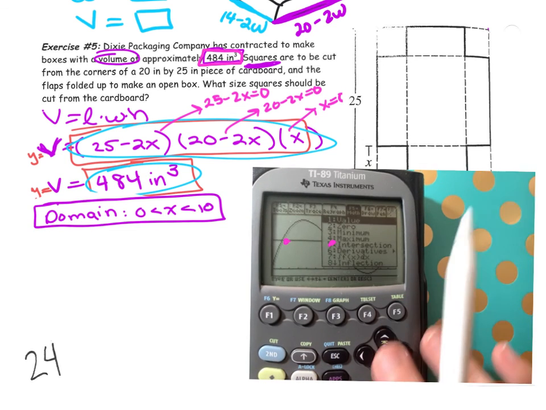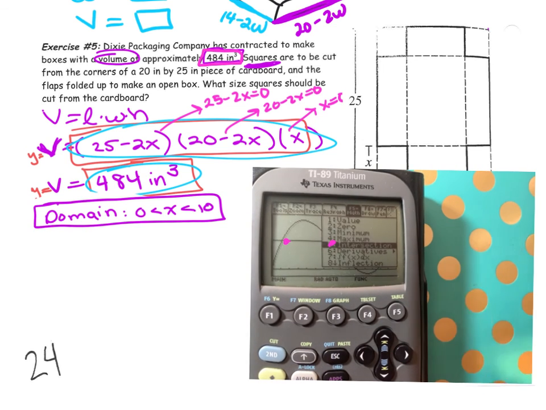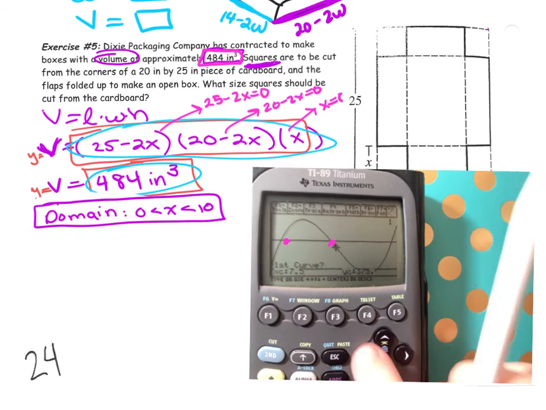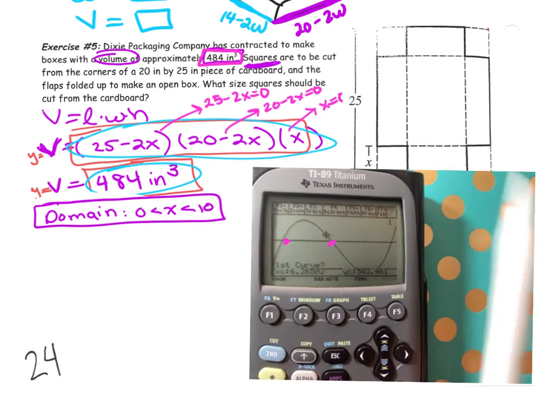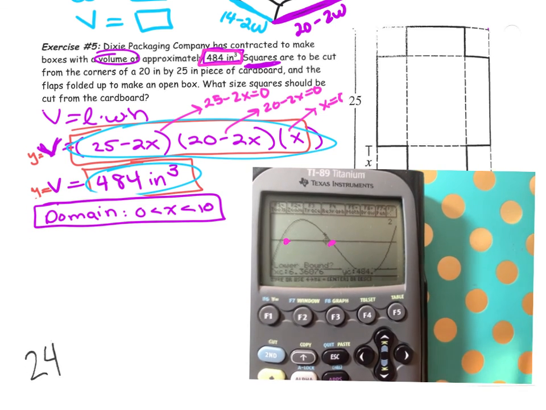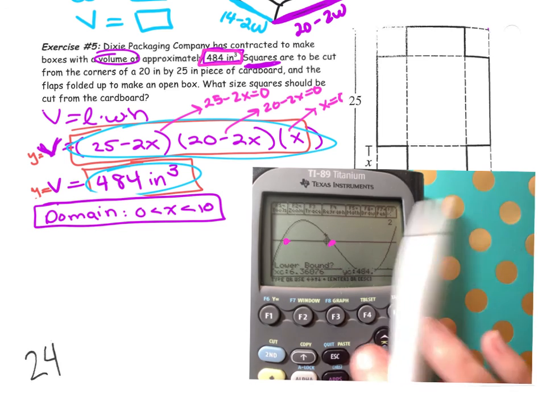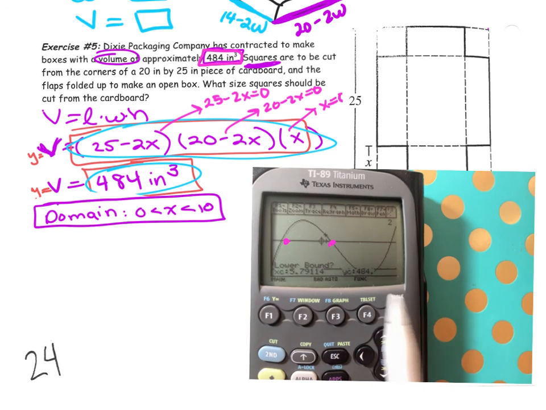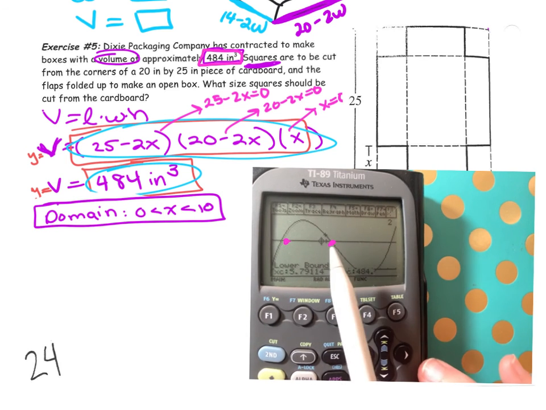So if I go over to F5, scroll down to intersection and click enter. I'm on the first curve, which is the cubic polynomial. Click enter. Second curve, click enter. Now it says lower bound, so I want to move left of the intersection point, which is right there.